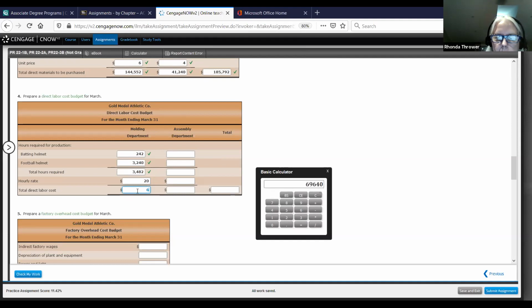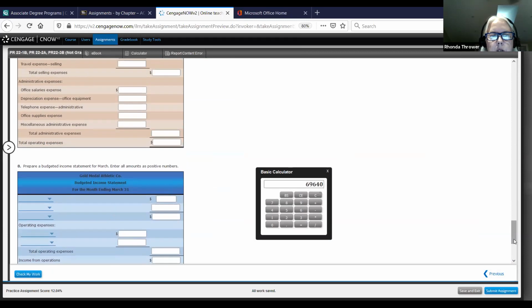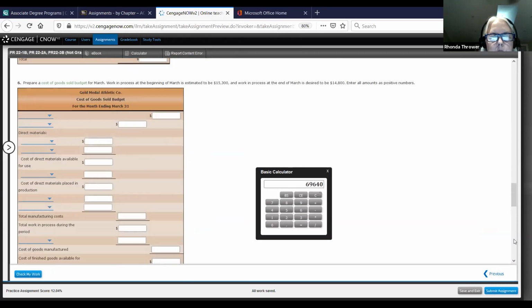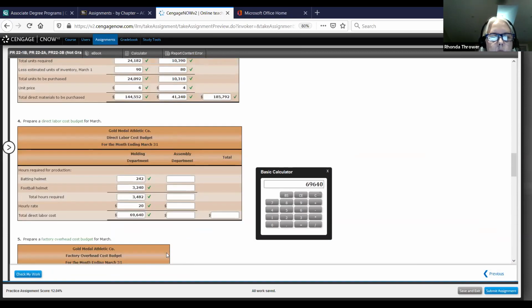And if I multiplied right, it's $69,640. I'll check my work just to make sure I've multiplied everything correctly. And we are correct at this point. So you're going to do the same thing for the assembly department.